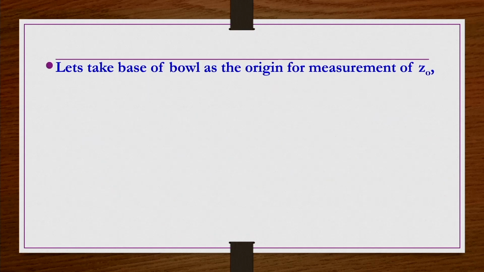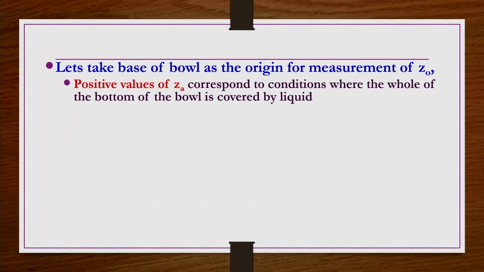Okay. So, let us take the base of the ball as the origin for the measurement of Z naught, and positive values of ZA correspond to conditions where the whole of the bottom of the ball is covered by liquid. As I mentioned, at different speeds, if you rotate this ball at a lower angular velocity, you can have an interface something like this.